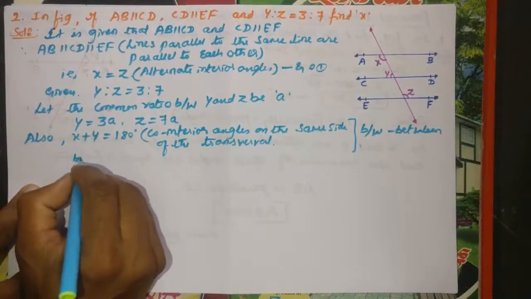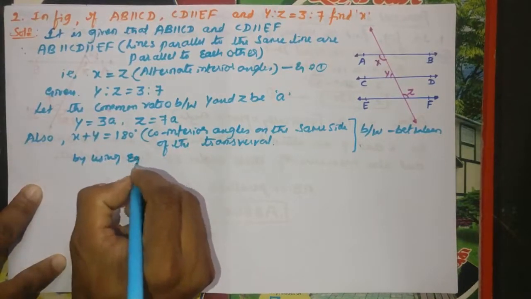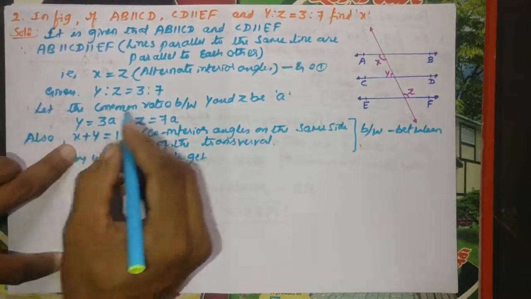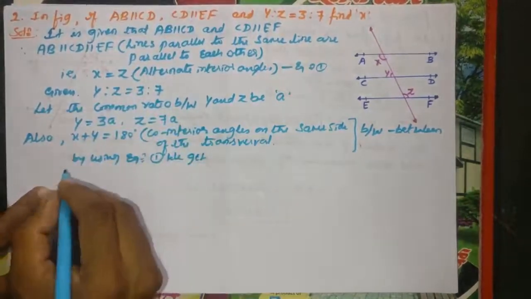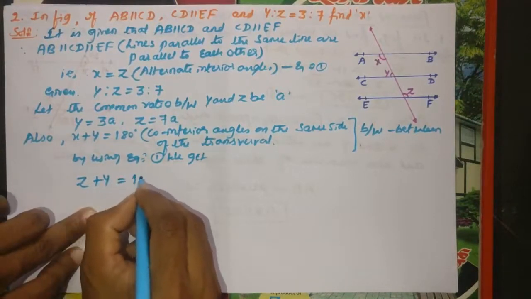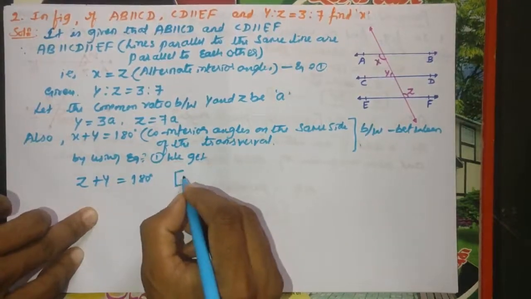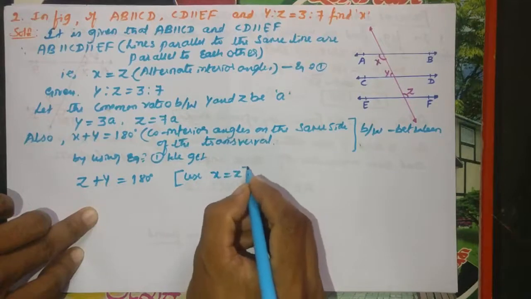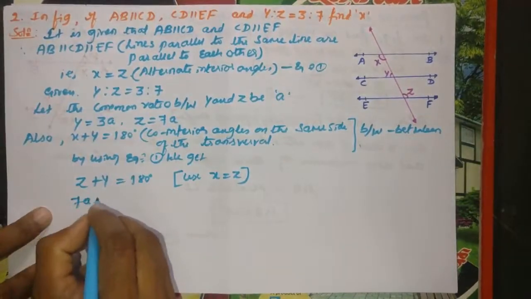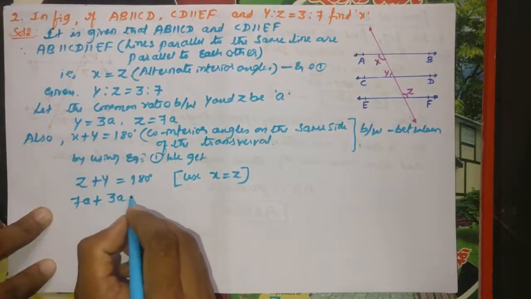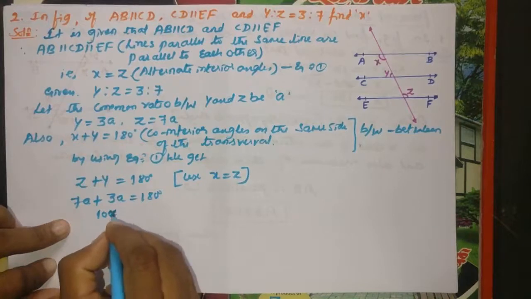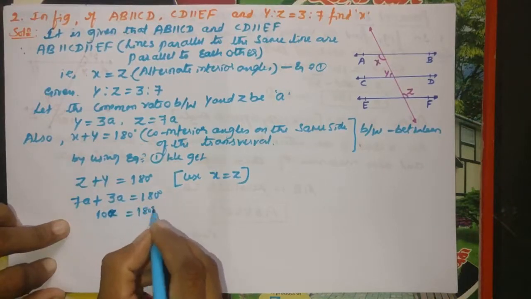Let us see now. By using equation 1 we get x is equal to z, so z plus y is equal to 180 degrees. Here z is equal to 7A and y is equal to 3A, so 7A plus 3A, which is equal to 10A, is equal to 180 degrees.